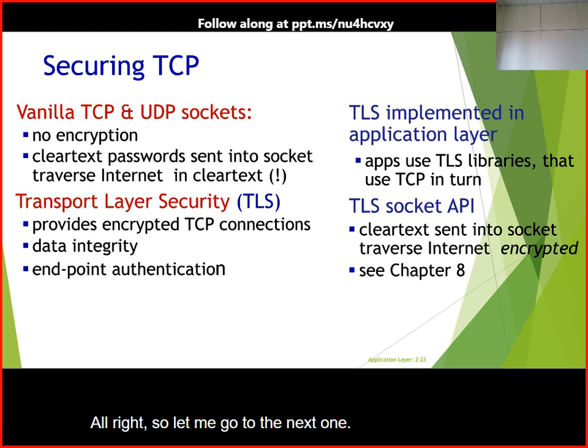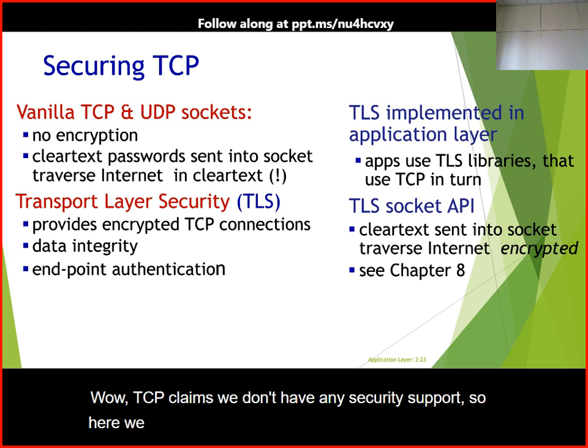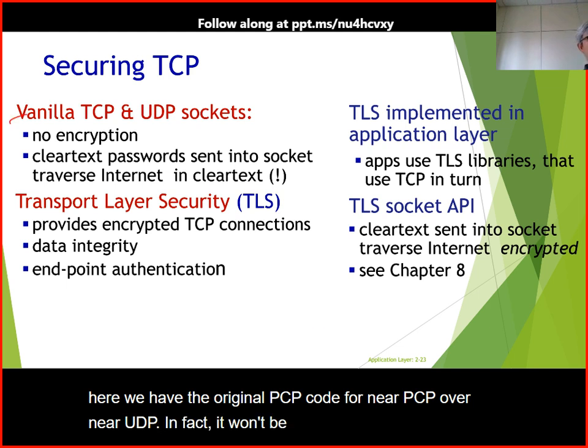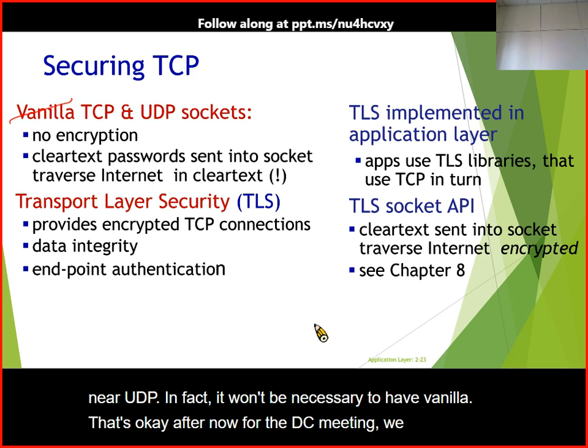Well, TCP claims we don't have any security support. Here we have the original TCP, which we call vanilla TCP or vanilla UDP. Up to now, for TCP, we don't have security, so no encryption.